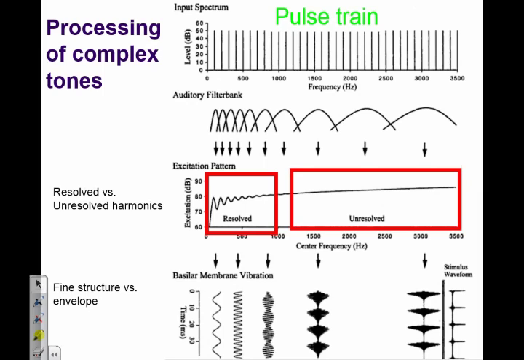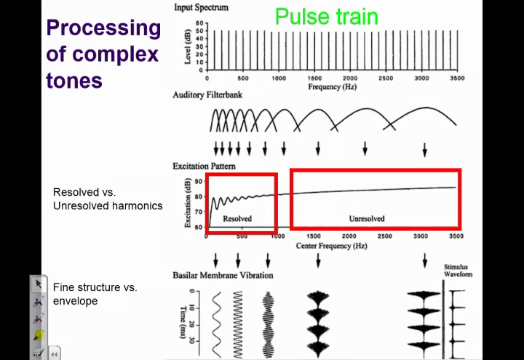Now remember last week or 2 weeks ago? Yeah, that's a long time ago. But our basilar membrane consists of auditory filters that we were talking about. And on a linear axis like that, our auditory filters would become broader and broader. That is because on the log axis they have roughly the same width.